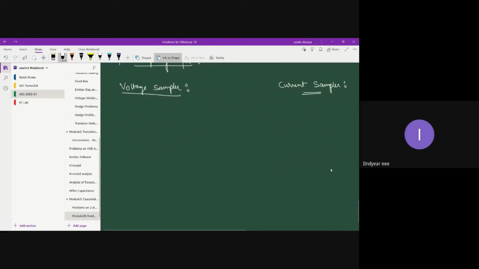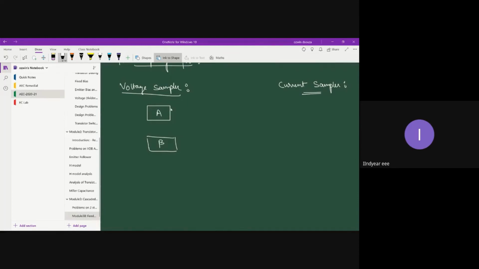First, let us look at the voltage sampler, and how exactly you will be able to tap the voltage signal as well as the current signal. Let's say this is our amplifier block, and this is our feedback block, beta.